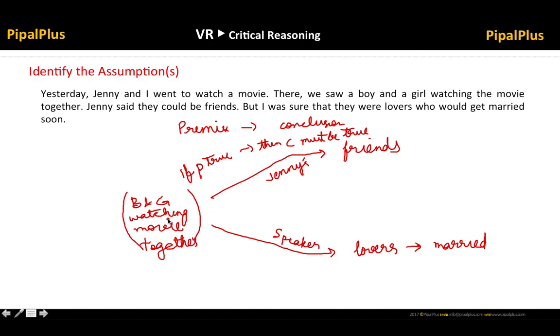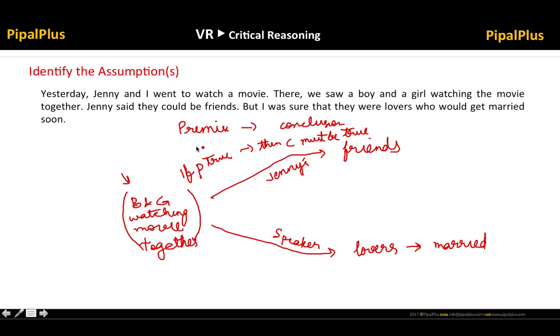If any boy and girl, so this is Jenny's assumption I'm talking about. Jenny's assumption here is if any boy and a girl is watching a movie together, they must be friends, right? So that's why when Jenny sees this specific boy and girl, she concludes that they are friends.